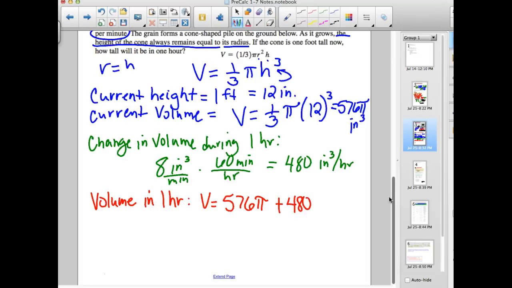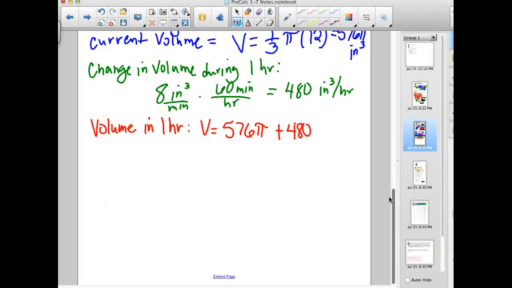That's going to be our new volume. And now go back to your formula. If you know volume, can you find height? All right. So we've got 1/3 pi h cubed equals all of this.